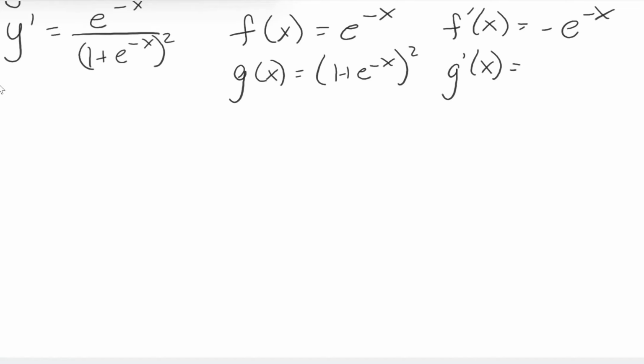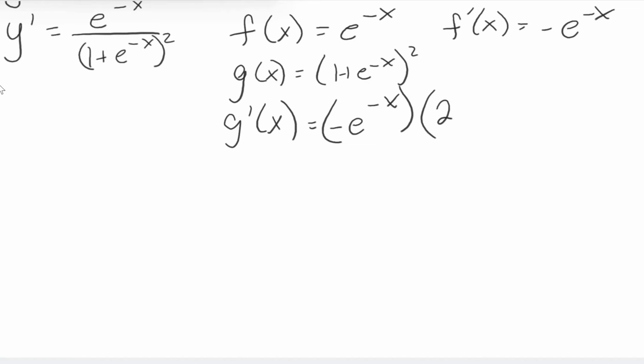G prime of x is negative e to the negative x times 2, actually, I'm going to run out of room. So the derivative of the inside is exactly what I just did up here. So it's just negative e to the negative x. Then I have, bring down the 2, and it's 1 plus e to the negative x.